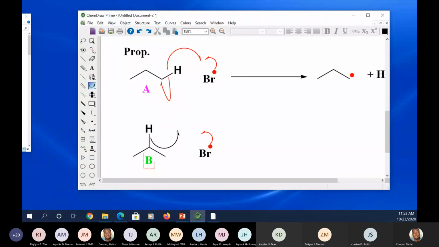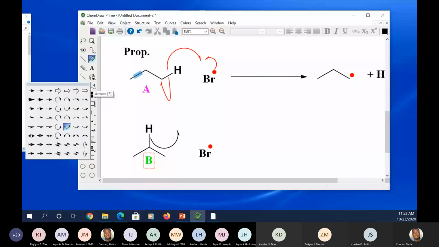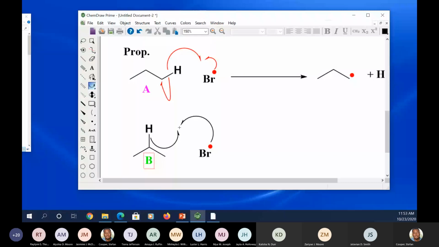Yeah, that's going to be the best I can do right now. They're going to meet. And the other electron in that bond is going to reside on carbon. So I'll take these.